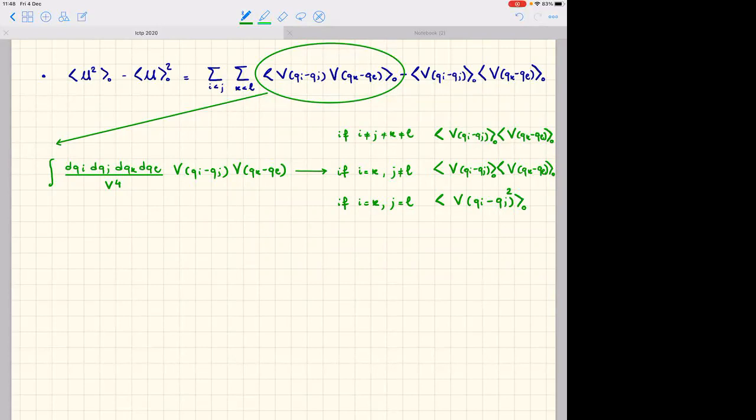Therefore, it's clear that since in all these instances this is just a product of the averages, this is canceled by this minus the product of the averages in all these situations. And the only thing that remains in this sum is the sum over i and j, when they're pairwise equal, of the average of V(qi minus qj) squared minus the average of V(qi minus qj) naught squared.